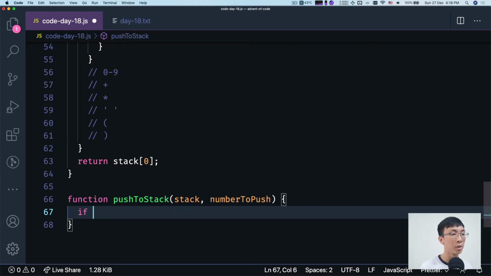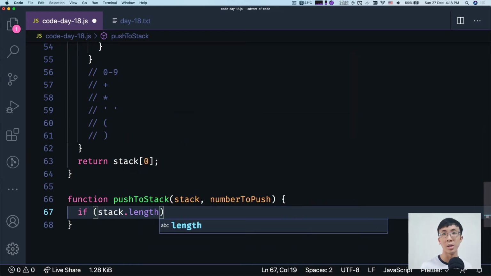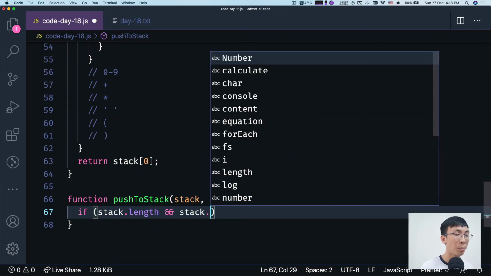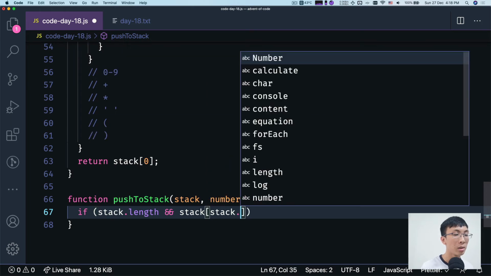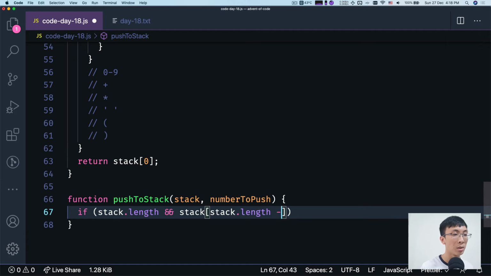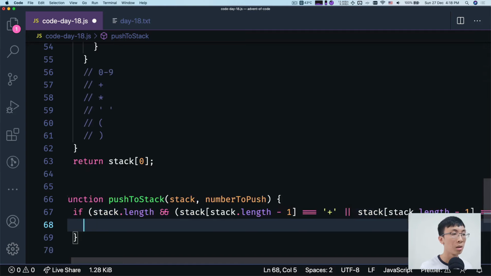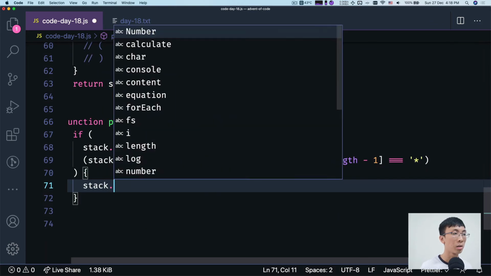So if the stack.length is not empty, and stack[stack.length - 1] is plus or a multiply, then we're gonna pop two things from the stack.